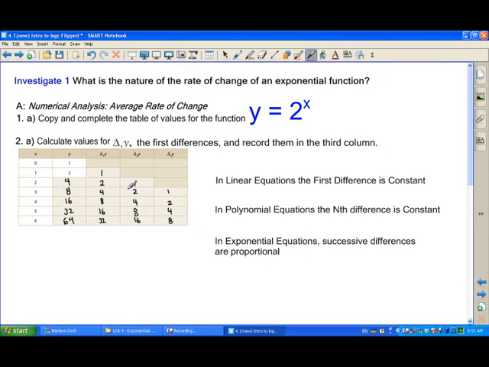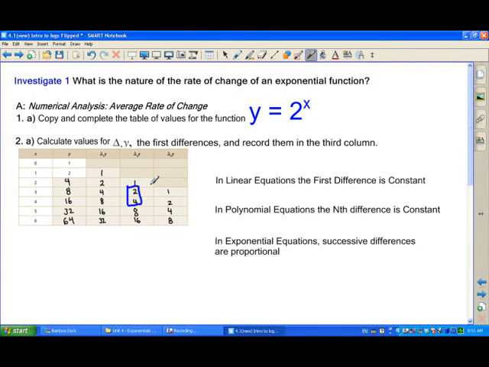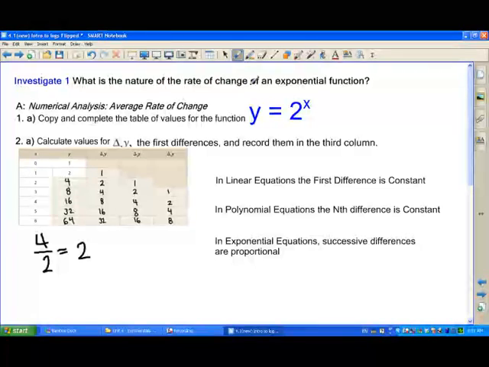So if I look at a pair of differences and I divide one by the other, I get a value. Here my value is 2.